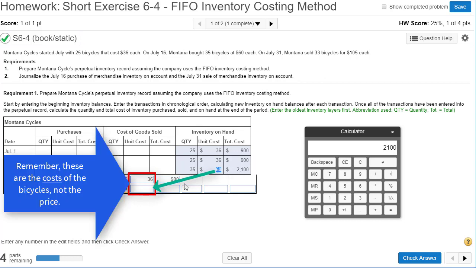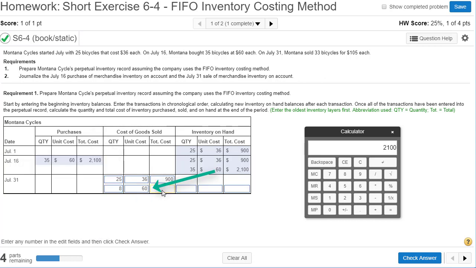So these cost us $60 each. 8 times 60 gives us $480. So the total cost of goods sold for the July 31st transaction is $900 plus $480. So $1,380. We will need that information later.